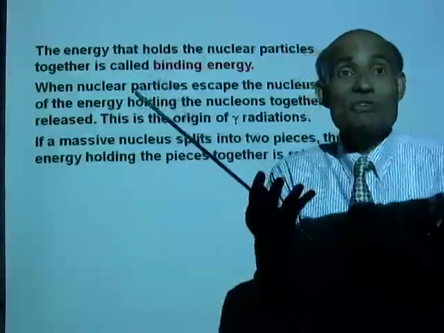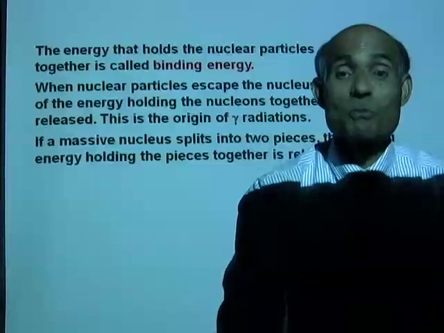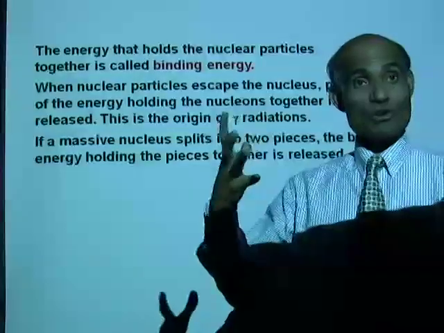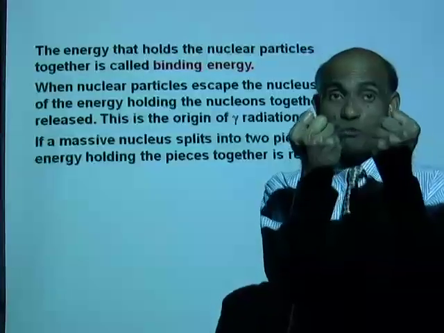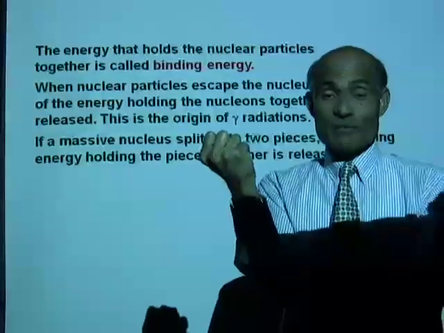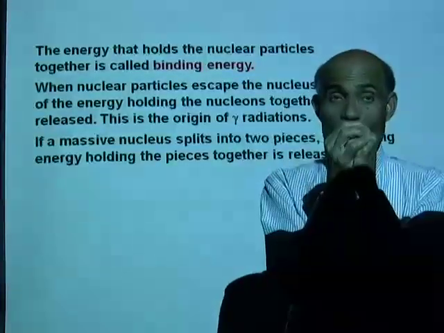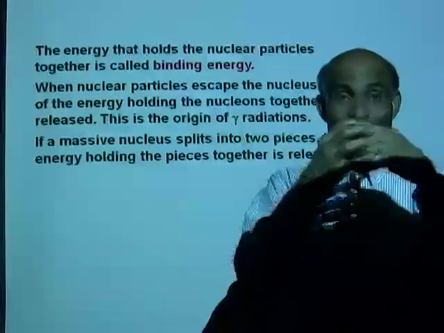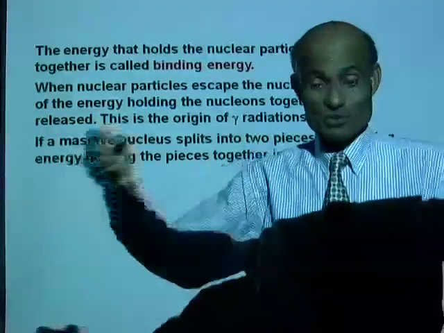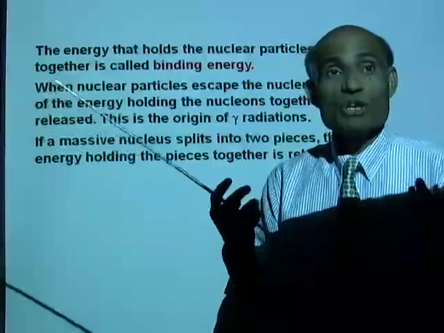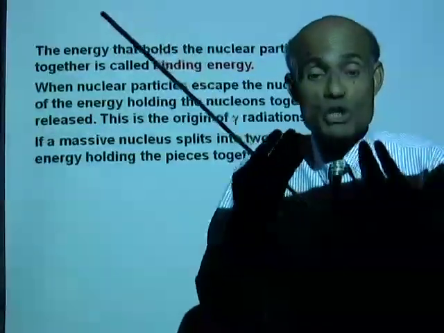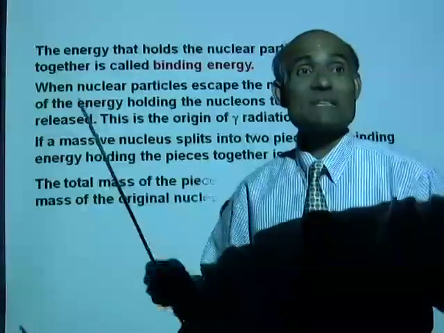If a massive nucleus splits into 2 pieces, now that's a different story altogether. If a massive nucleus can be made to split into 2 pieces, then the energy holding the pieces together, the binding energy, can be released. So one way to obtain a large amount of energy is to make a large nucleus split into 2 pieces.